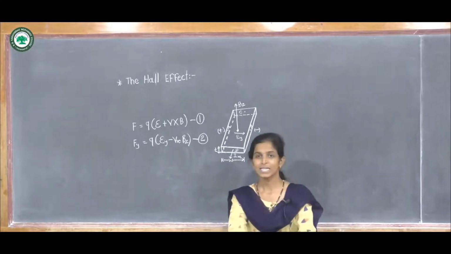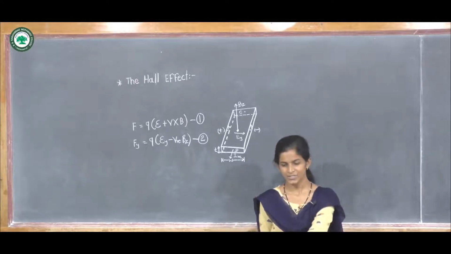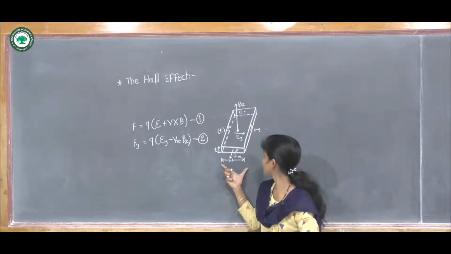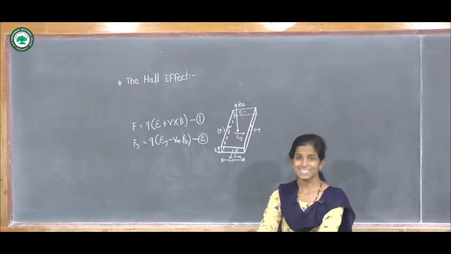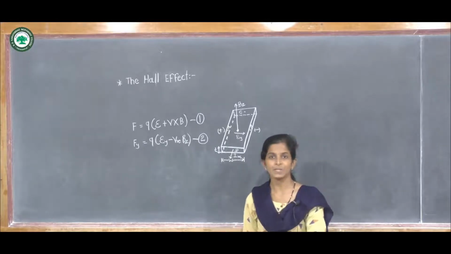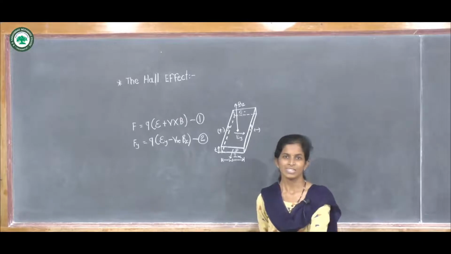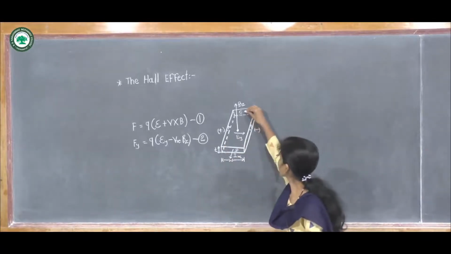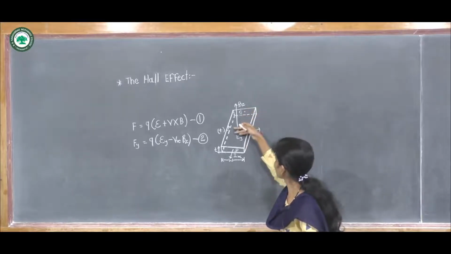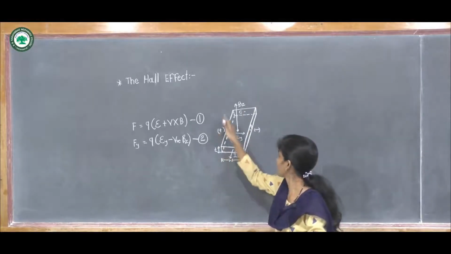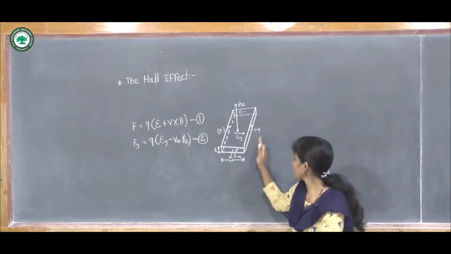The important result of this equation number 2 is that unless an electric field epsilon_y is established along the width of the bar, each hole will experience a net force, and therefore it experiences acceleration in negative y direction, due to which these holes coming from point C to point D will be deflected towards this plate at point A, due to which positive potential will be developed at this plate and negative potential will be developed at this plate.